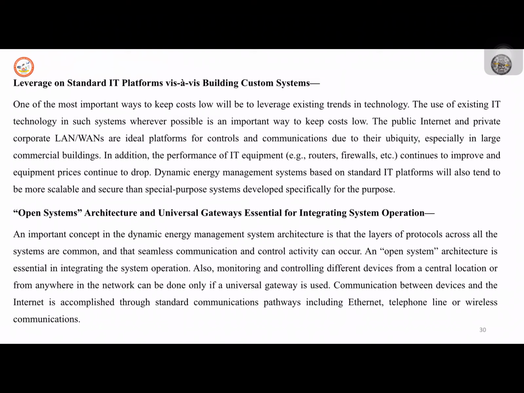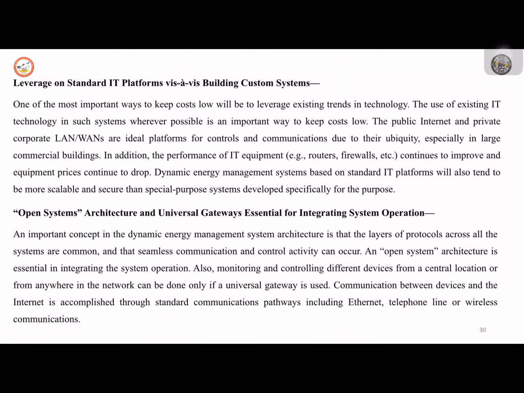Dynamic energy management systems are based on standard IT platforms, which also tend to be more scalable and secure than special purpose systems developed specifically for the purpose. Next point of discussion is the open system architecture and universal gateway essential for integrated system operations.